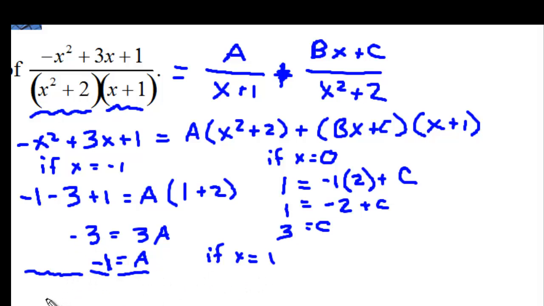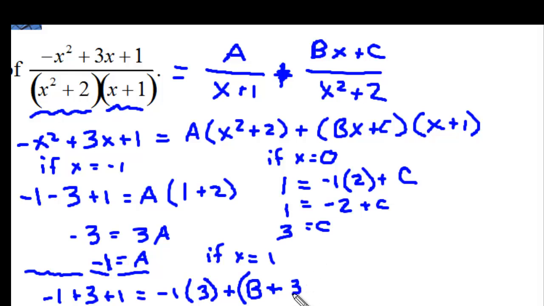So if x is 1, we have negative 1 squared, which is negative 1, plus 3 plus 1 is equal to negative 1 for our a, times 1 squared is 1 plus 2 is 3, plus b times 1 is b, and this is in parentheses, so b plus 3 times 1 plus 1 is 2.